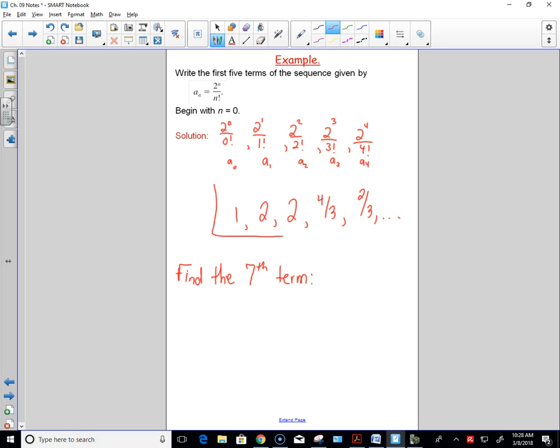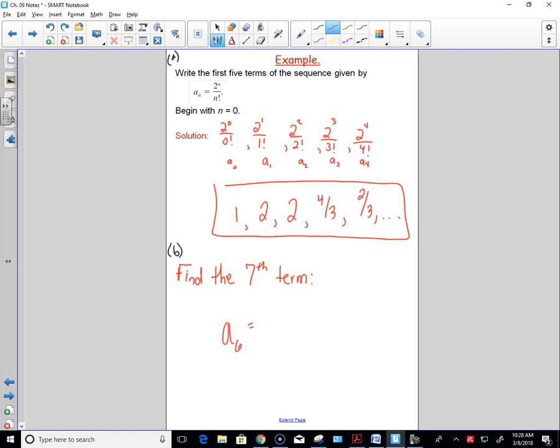What if I didn't just stop with write the first 5 terms? What if that was just part A to a problem, and then I was to say, hey, by the way, part B, find the 7th term? What would A be subscripted with? Careful, right? Because the 5th term had n equals, does that make sense? So the 7th term would be a sub 6.